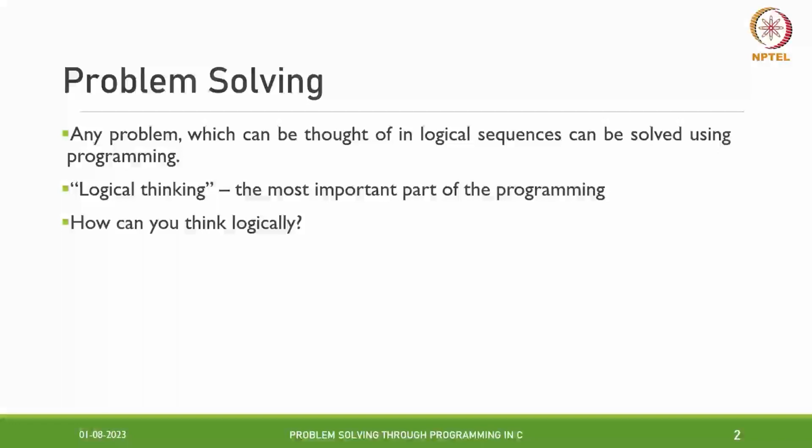So I had a problem that I wanted to buy something, and I broke it down into 3 different steps in a logical sequence: first I go to the market, I search for that stuff and buy it, and then I return back. I break it down into a logical sequence, and there are different ways of solving this sequence, right?